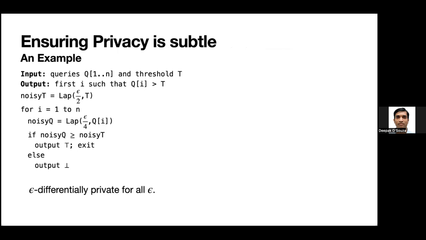The input to the algorithm is a stream of numbers, which are queries. And then you also have the threshold. So the input is a stream of real numbers, you can imagine. If I fix the threshold to be some fixed number, the input is a stream of real numbers, and the goal is to output the first real number which is larger than the threshold.